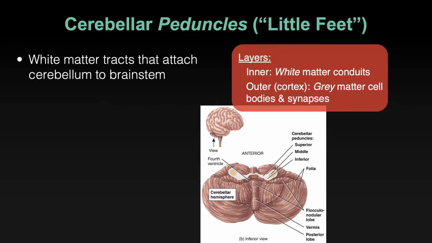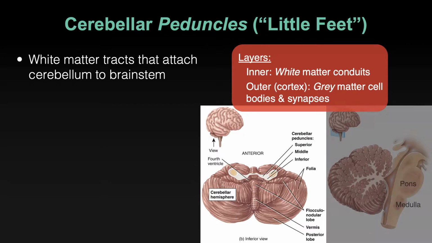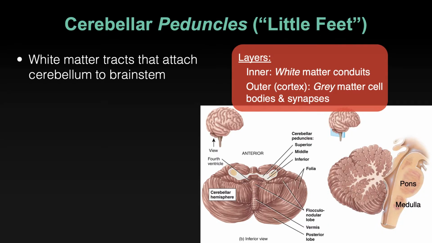And you can kind of understand what they look like here, but an easier or maybe a more intuitive way to look at it is to slice the cerebellum in half down the midline. Let's look at a sagittal plane from the right looking towards the left. You can see the white matter deep to the surface.